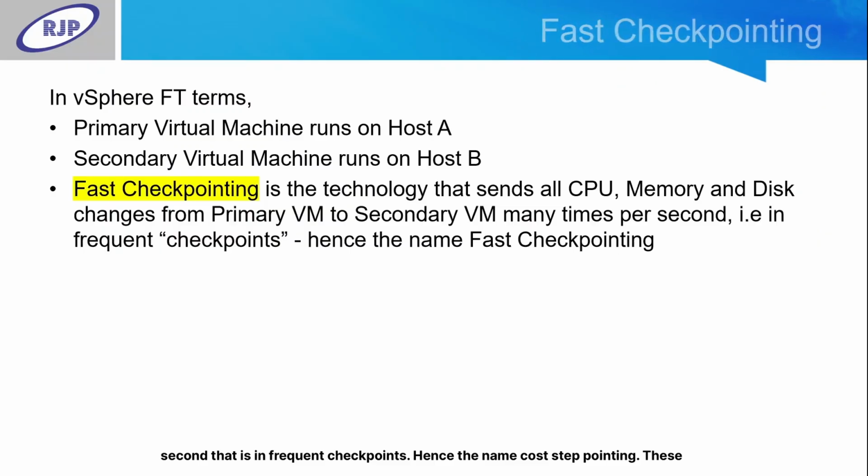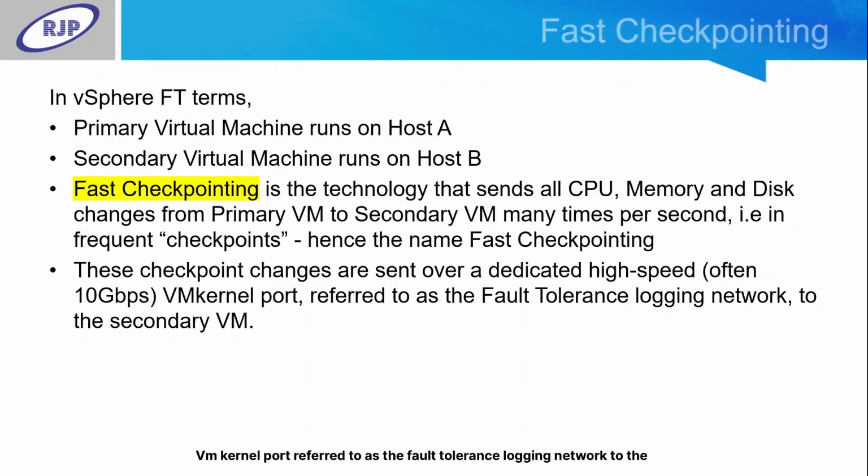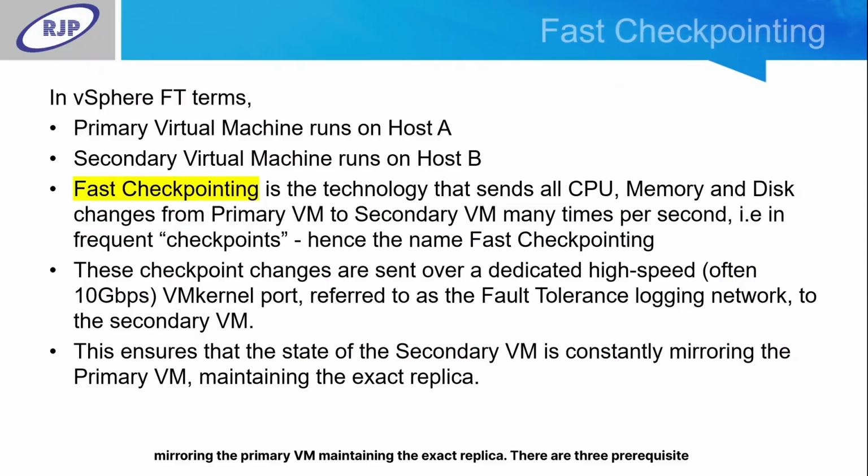Hence the name fast checkpointing. These checkpoint changes are sent over a dedicated high speed, often 10 Gbps, VMkernel port referred to as the fault tolerance logging network to the secondary VM. This ensures that the state of the secondary VM is constantly mirroring the primary VM, maintaining an exact replica.